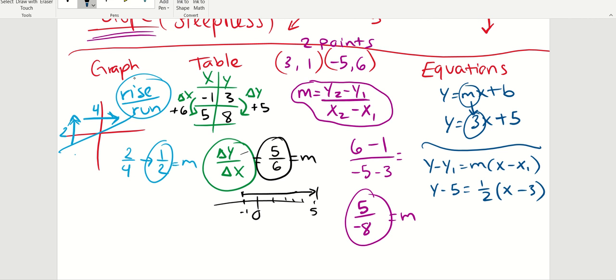What matters is that you identify where the slope is. So the slope is technically just that number right there, replacing the m. And then the standard form, this one, you cannot identify the slope just by looking at it. You can't, but you can rewrite it in order to identify it.